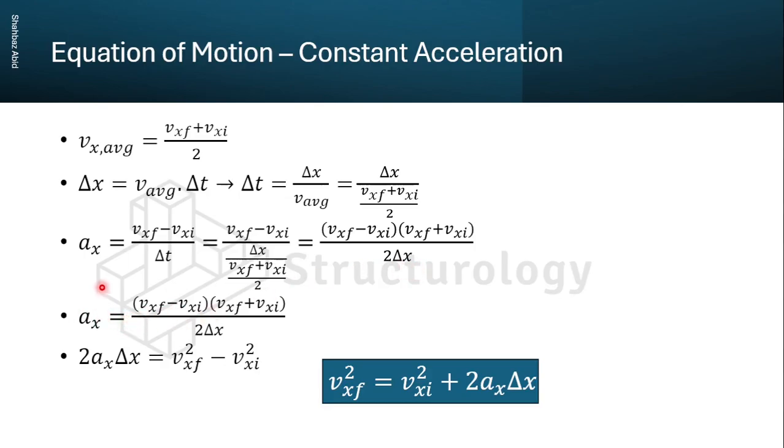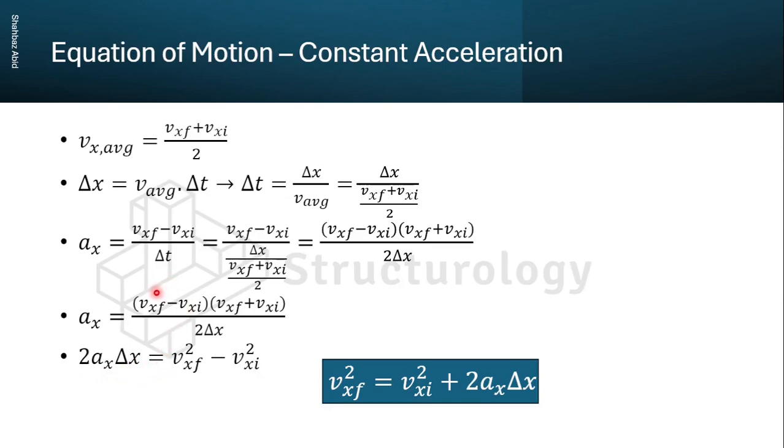So basically from here all the way here we have this form. So if I bring the 2 times delta x to the left, it will become 2 times a sub x times delta x is equal to.